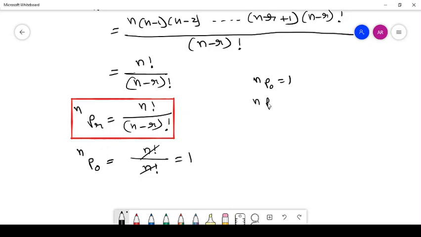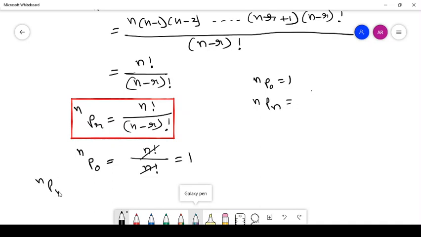In the same way, nPn is equal to nP(n minus 1). nP0 is equal to 1 and nPn is equal to n factorial.